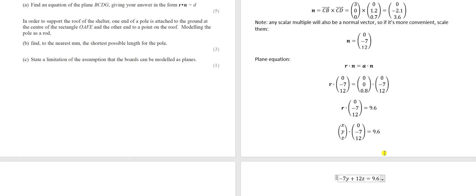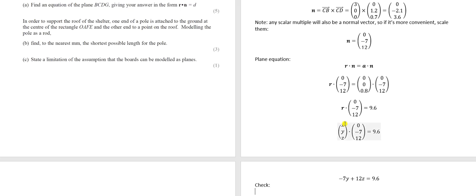And you can see now why if we scale down the normal vector, and we scale down at the same time the scalar on the right-hand side, then it's just equivalent to taking this equation and multiplying everything by a fixed scale factor. If we decided to call this -70, 120, and 96, it will be the same as multiplying everything on both sides of this equation by 10. So that's the equation of our plane.